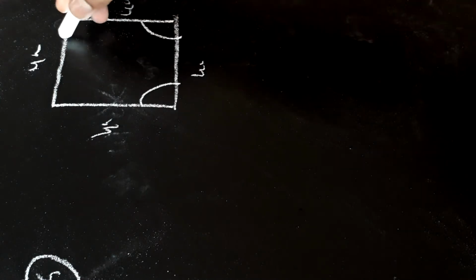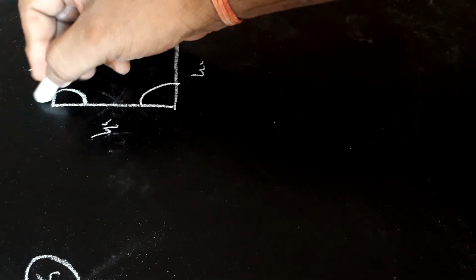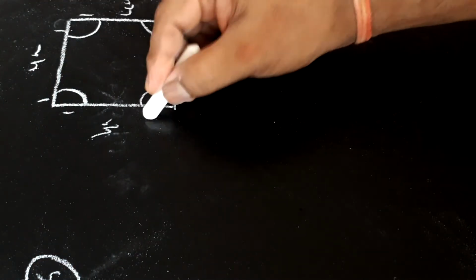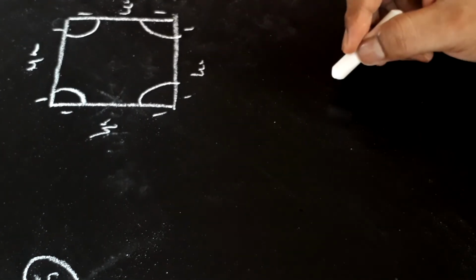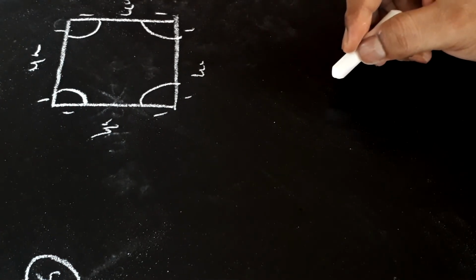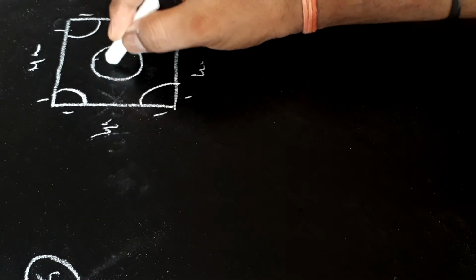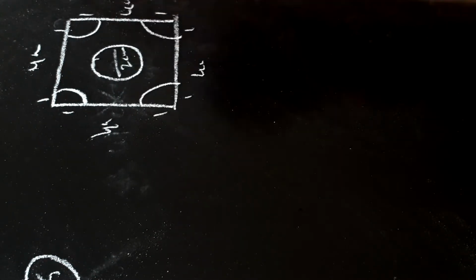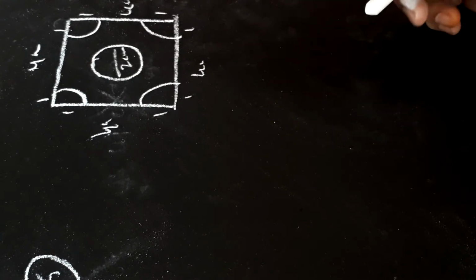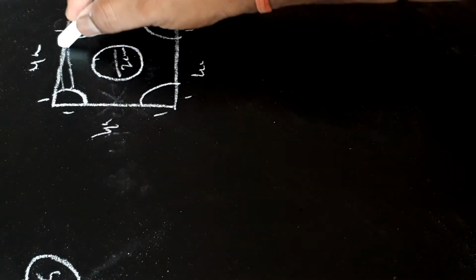The radius of each quadrant is 1 centimeter. And a circle of diameter 2 centimeter is also cut out from the middle. Its diameter is 2 centimeter. Now we have to find the area of the remaining portion, meaning the area of this region.